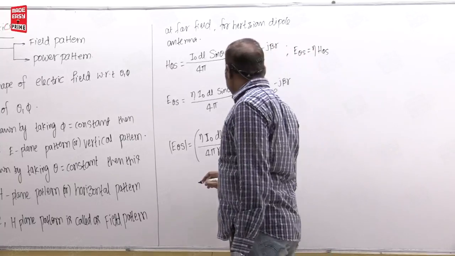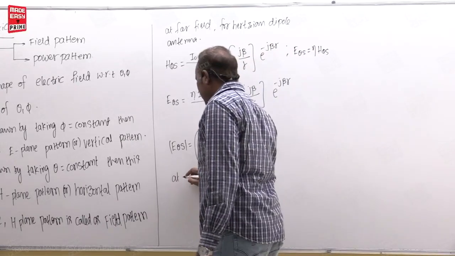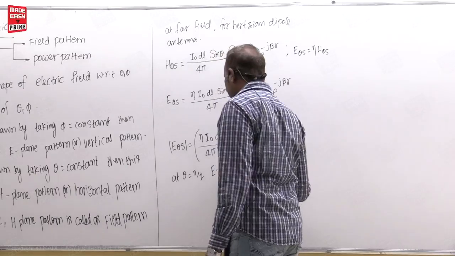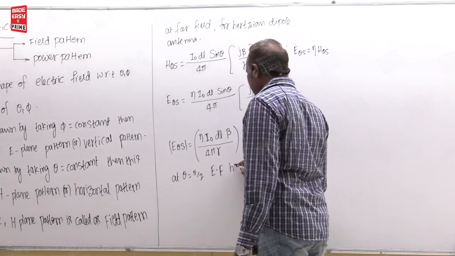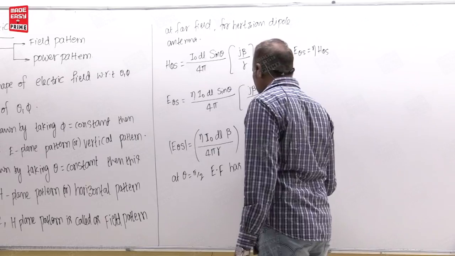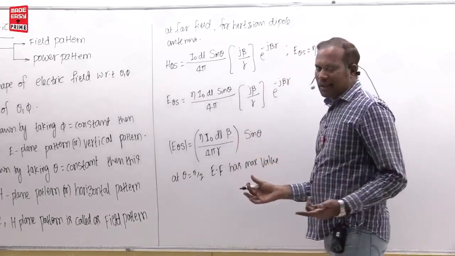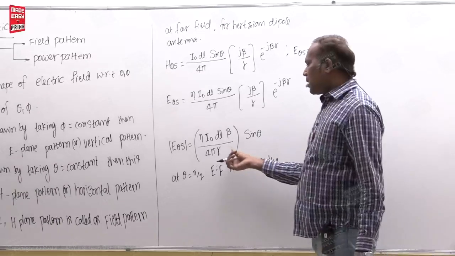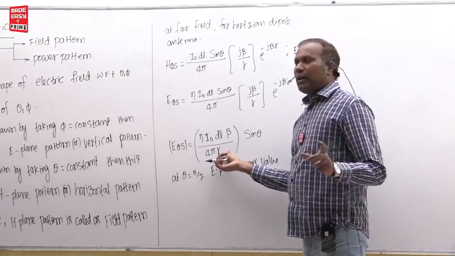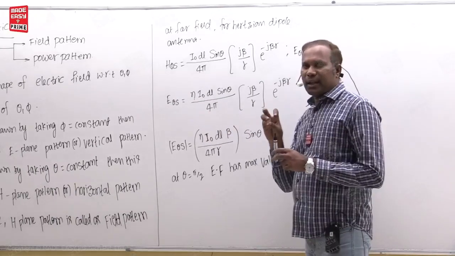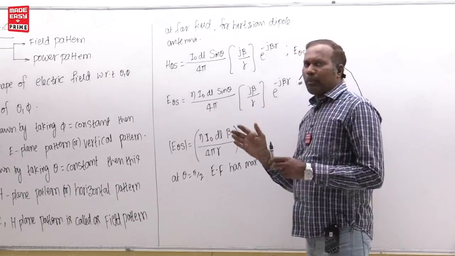So at theta is equal to pi by 2, electric field has maximum value at a particular distance, because I told you here we are not bothered much about the distance. If you take an antenna, in which direction it has more radiation, that is our importance.